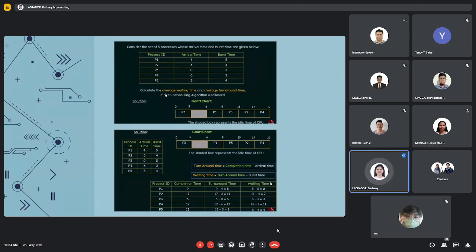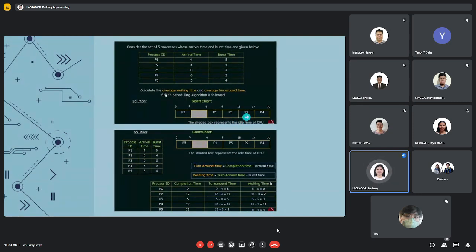In most systems, when two processes arrive at the same time, the smaller process ID will first get the CPU. So that is P2.